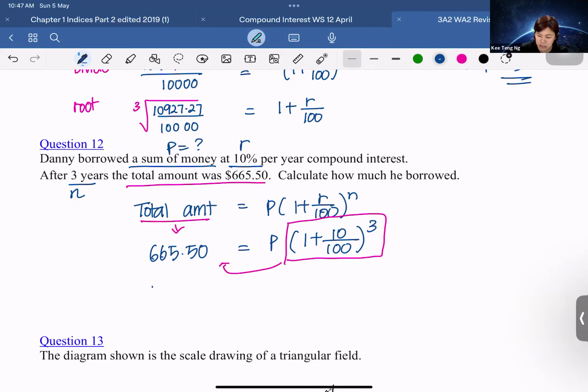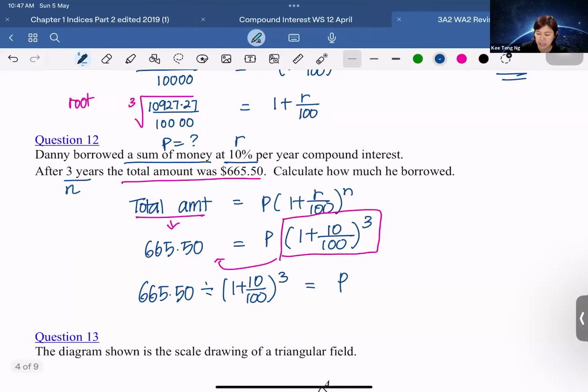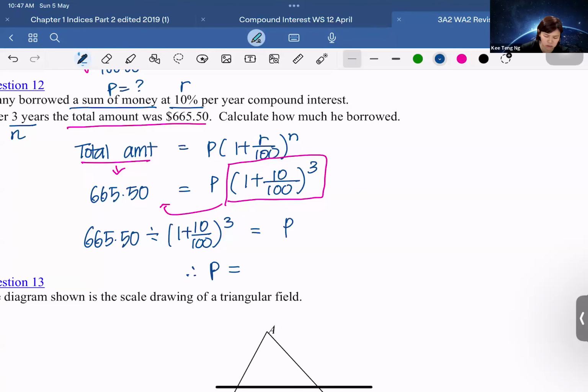So I shall divide 665.50 by 1 plus 10 over 100 to the power of 3. I'm left with P. Okay, then let's calculate out our answer. And that gives me exactly the answer, 500. So he started by borrowing 500 in the beginning. Have you gotten the concept?